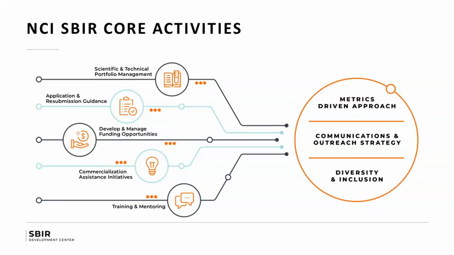That includes commercialization assistance, training and mentoring. It involves collecting metrics on the program, and engaging in outreach sessions like the one we're doing today, where we can help educate you and others about the program. And we also put a big focus on diversity and inclusion with our SBIR program. Next slide, please.